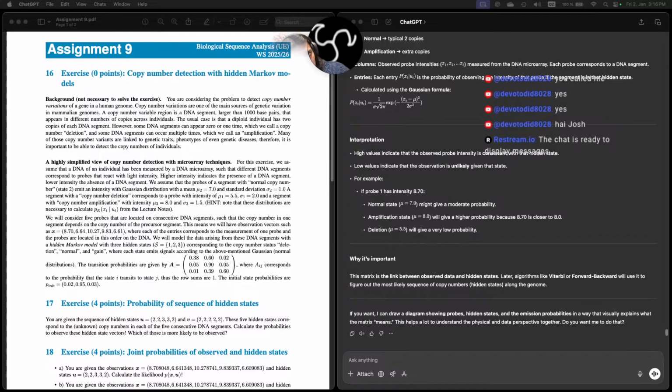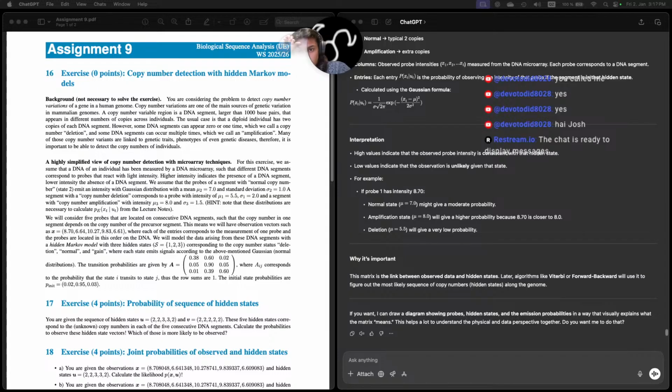Pairwise alignment. Did I download this? Yep. So the one right after, multiple sequence alignment. Phylogenetics.